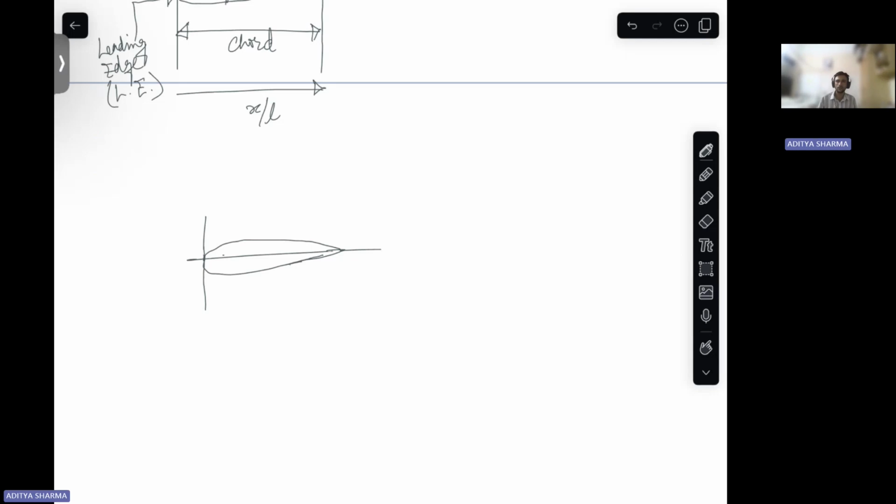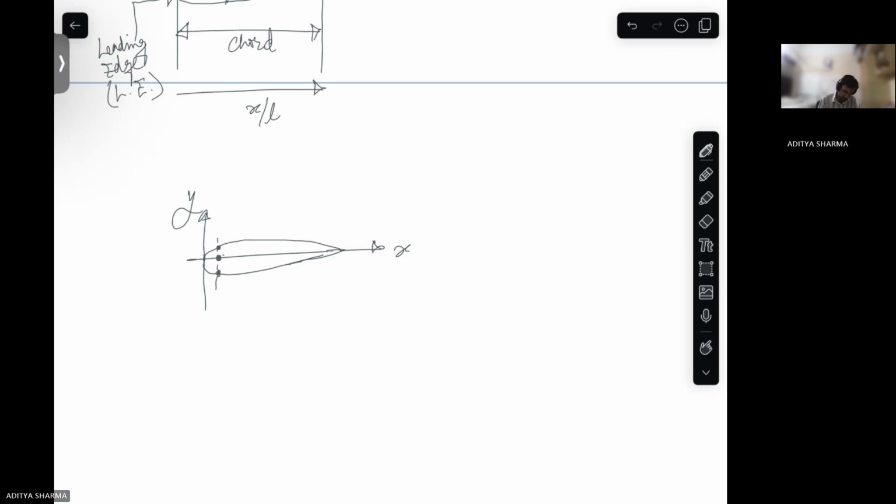How do we know what camber is? Along the x-axis, if we move, one is this point and this point. Let's say we are at this x point.